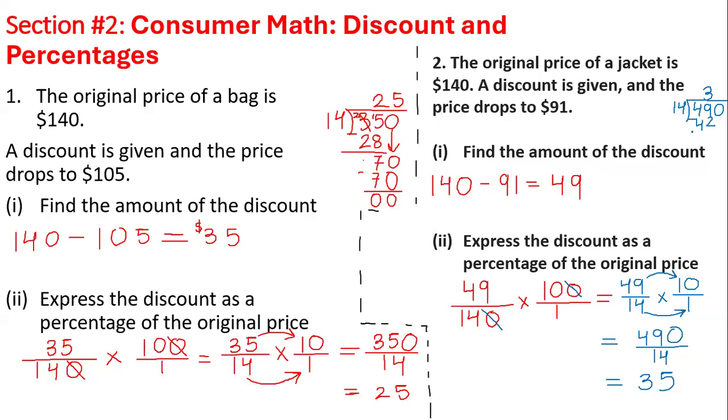And 49 minus 42 is 7. Bring down the 0. 14 going into 70 is 5 times, as we just saw in the previous question. 14 times 5 is 70, and 70 minus 70 is 0. So that means it's definitely 35%.